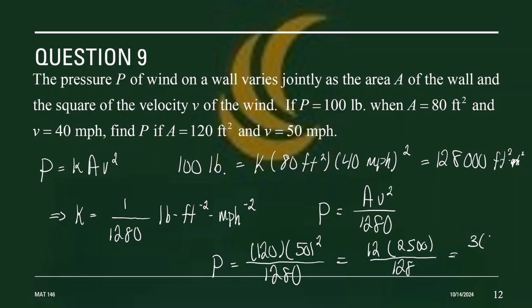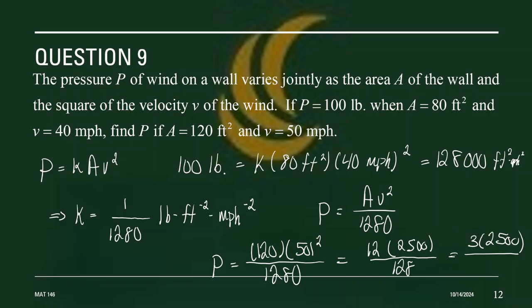So it's going to be 3 times 2,500 divided by 128 over 4. That's 3 over 32. What's half of 128? 64.